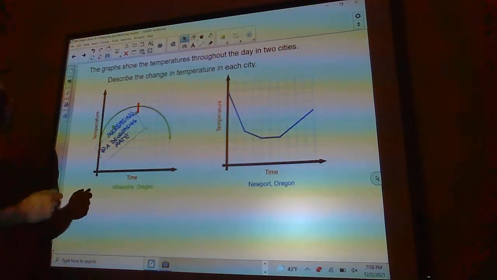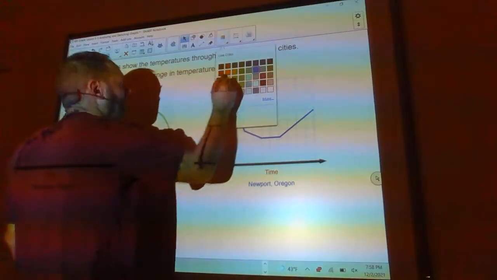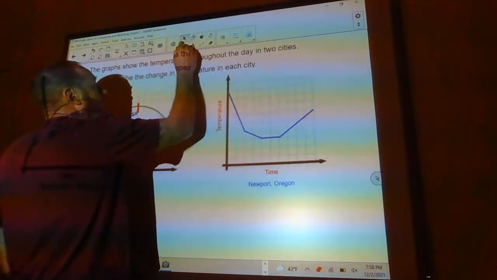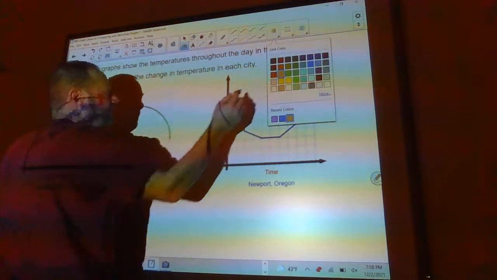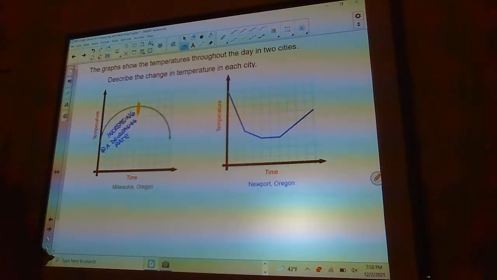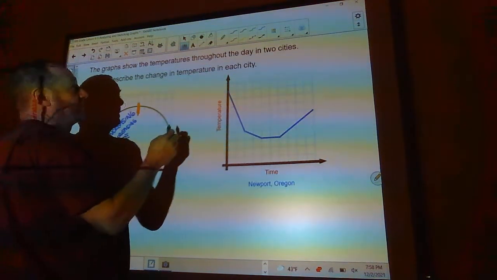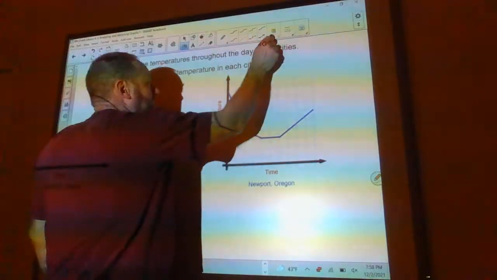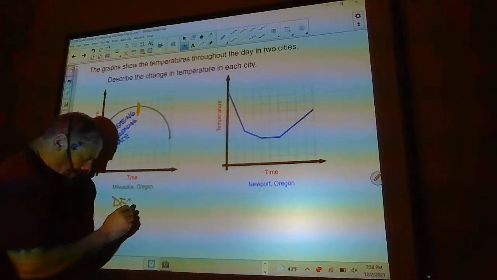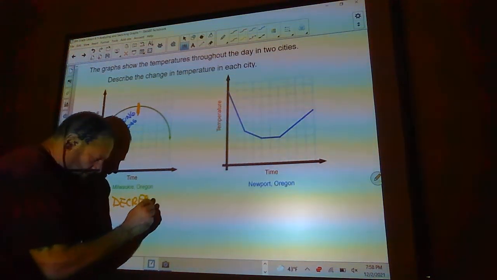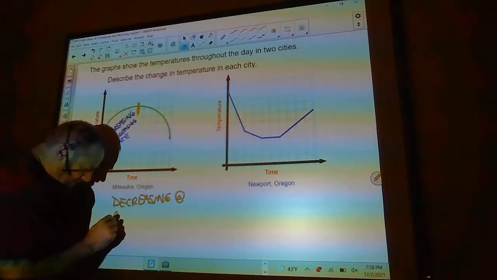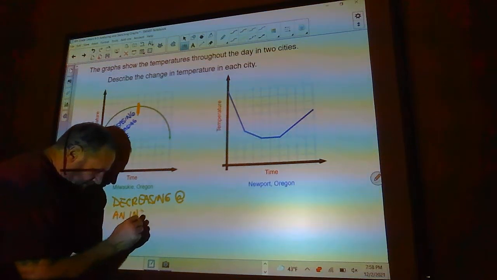Once it reaches this point right here, now it starts decreasing in temperature. So over here, it is decreasing at an increasing rate.